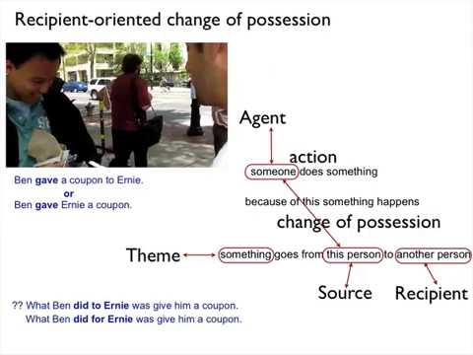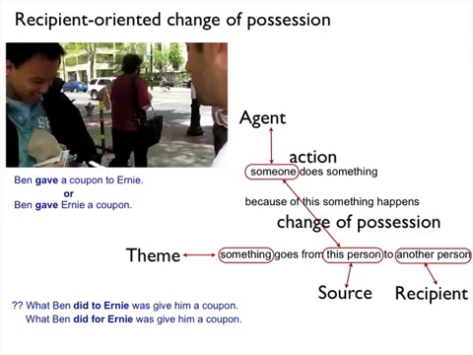Basically, you get some languages that do it like the first way, gave a coupon to Ernie, and some languages that do it the second way, Bert gave Ernie a coupon. There are those two ways. And then there are other languages that do it both ways.